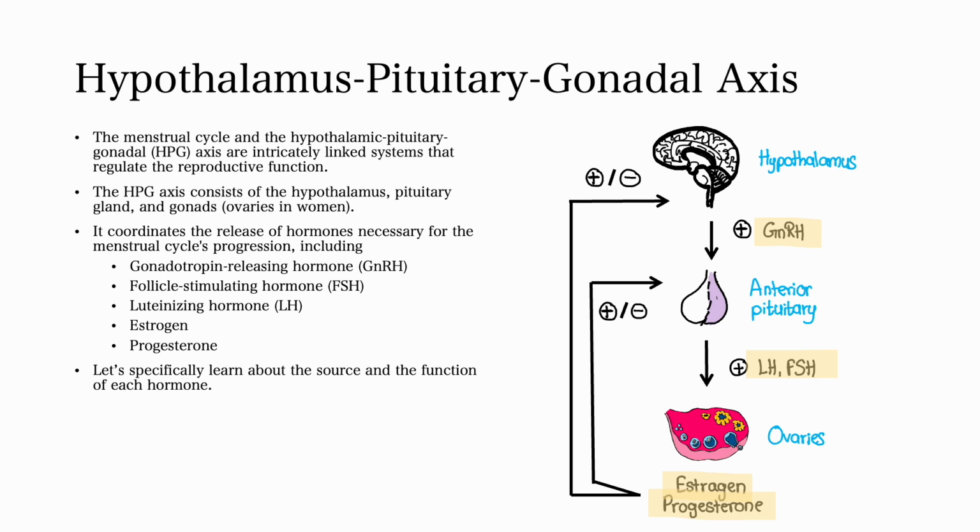The hormones include gonadotropin-releasing hormone, abbreviated as GnRH, follicular-stimulating hormone, abbreviated as FSH, luteinizing hormone, abbreviated as LH, estrogen, and progesterone.